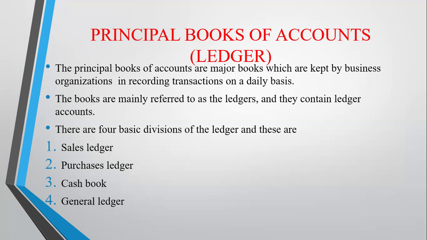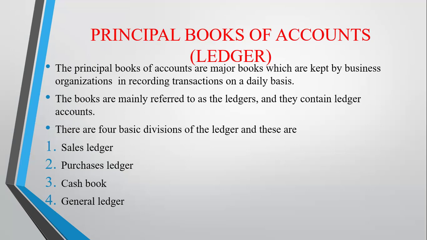Also, we have the general ledger, which is also called the nominal ledger or impersonal ledger. The general ledger contains all the accounts that do not appear in any of the other three ledgers.